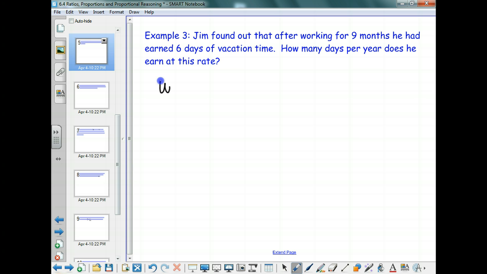And so we're going to set it up, and I'm going to do it as a ratio. So we've got his months worked compared to his days of vacation. So when I set up my fractions, I'm always going to put my months on top and my days on bottom, because that's how I've set up the ratio to start with.